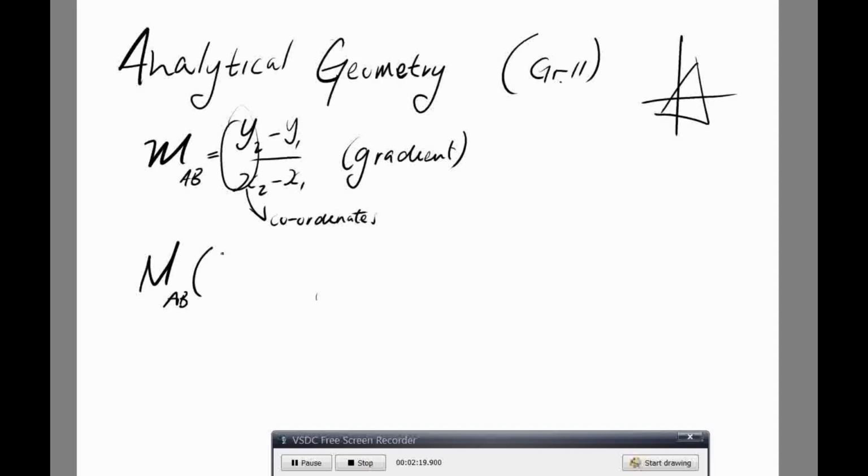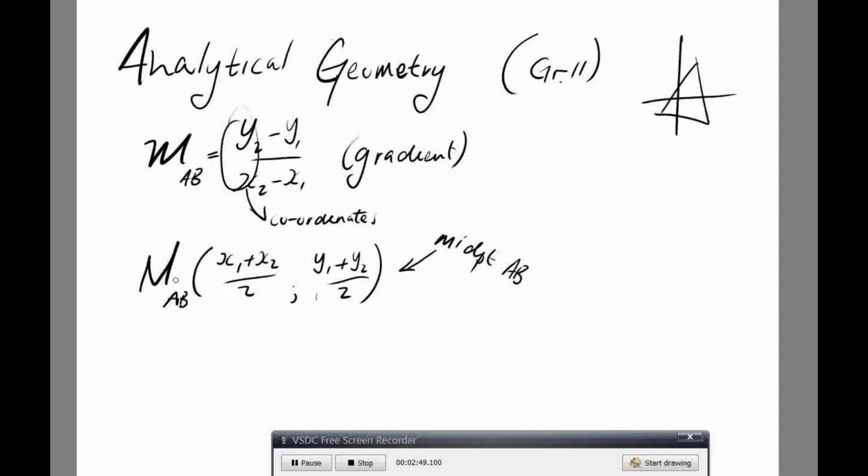And the midpoint formula, that's going to be x1 plus x2, divided by 2, and then y1 plus y2 over 2. Okay, now notice this formula has a plus in between. This formula had minuses in between. Okay, and what am I finding over here? This is the midpoint of line AB.